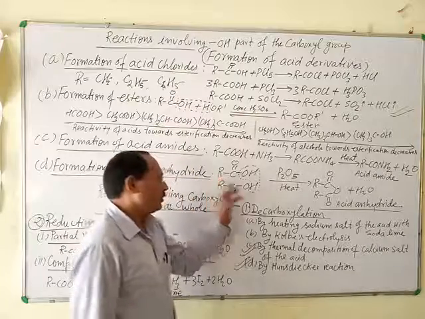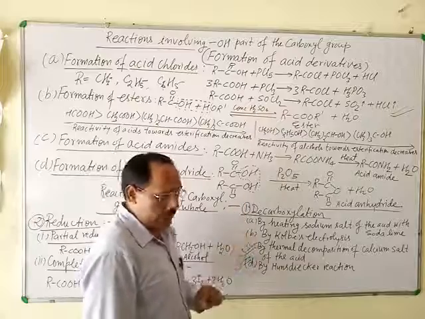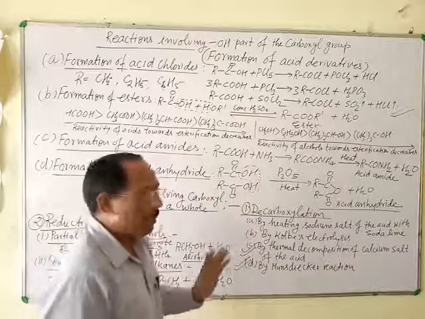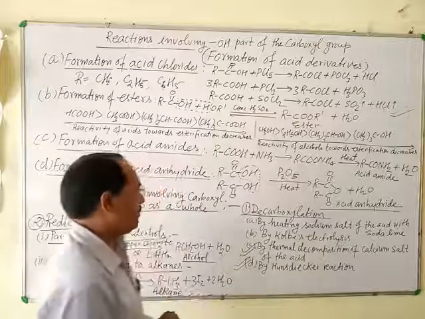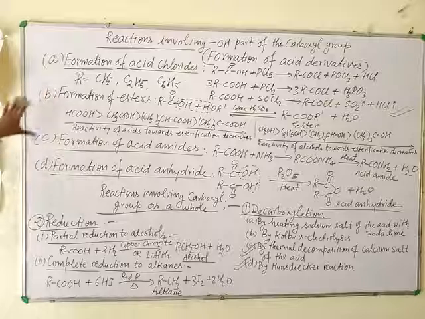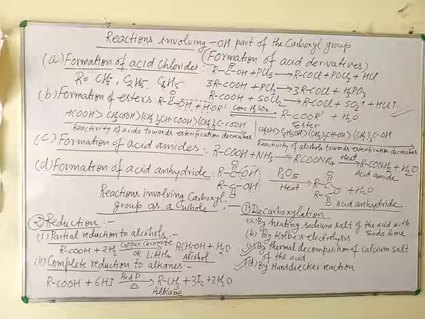When R equals CH3 we get acetic anhydride, when R equals C2H5, propionic anhydride, and when R equals C6H5, benzoic anhydride is obtained. This is about the formation of acid derivatives of carboxylic acids.